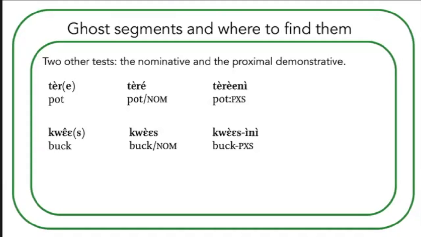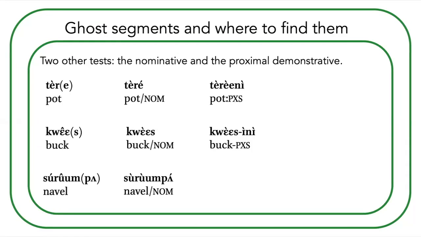And we also get this S in the proximal demonstrative. Yeah, the same works for the CV syllables. They appear in the nominative with the true underlying specification. And they also appear lengthened in the proximal demonstrative.